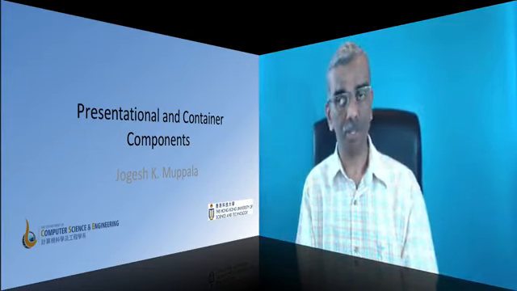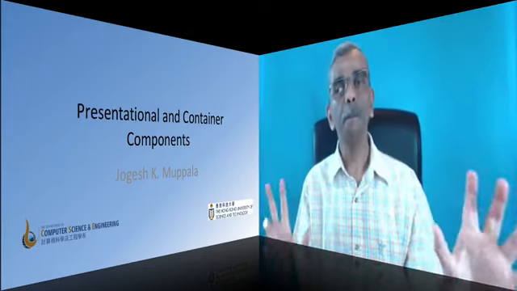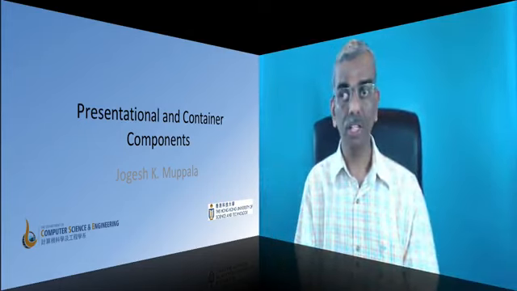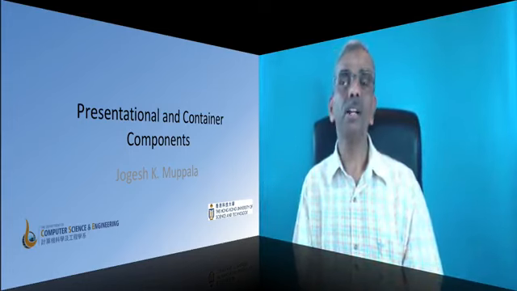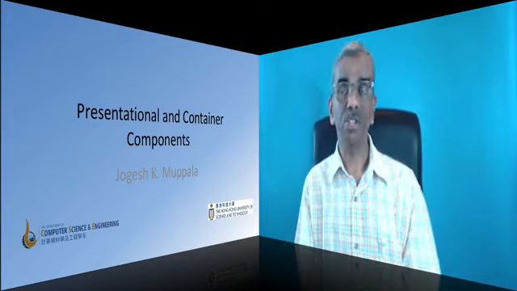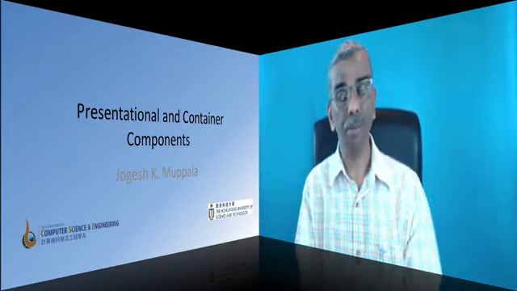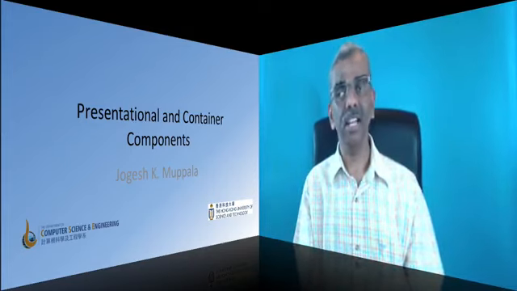So it is acting as a pure presentational component, as we might classify our components. Similarly, a container component may simply store the state information and pass it to its children. Let's look at some details next.